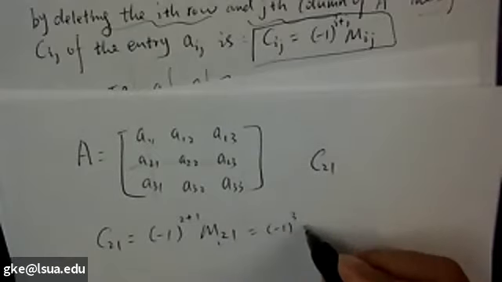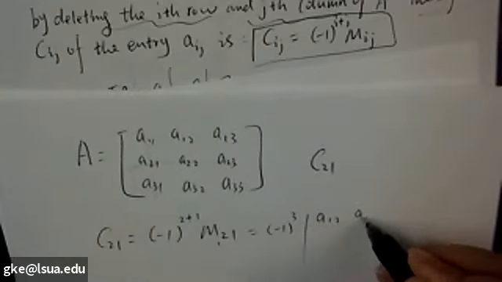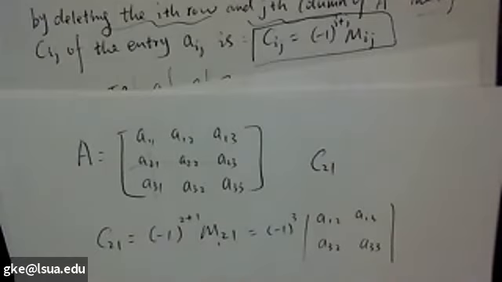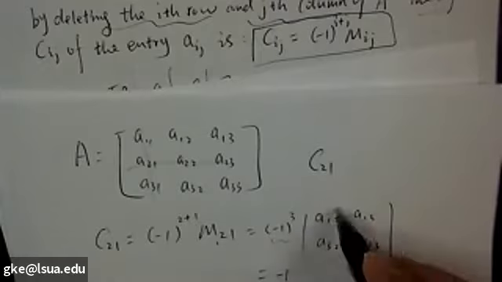Basically, you let (-1) to the power represent the sign, times a minor. So (-1) to the power 3 times the cross product. Cross product, okay?